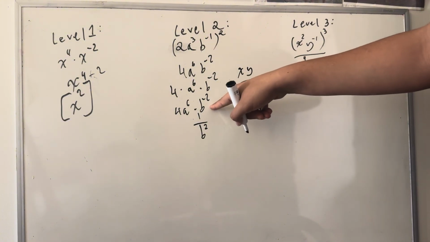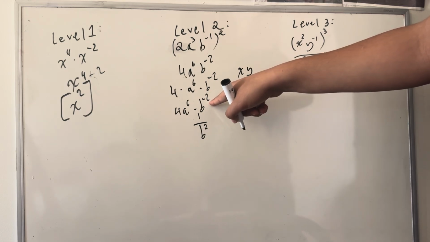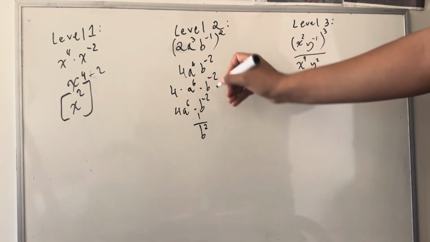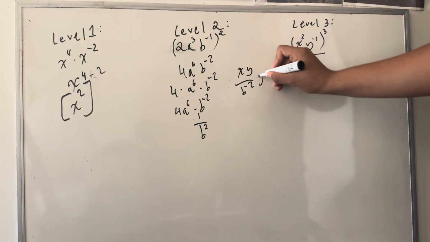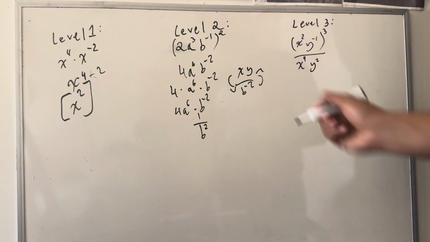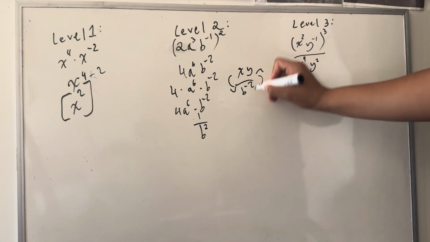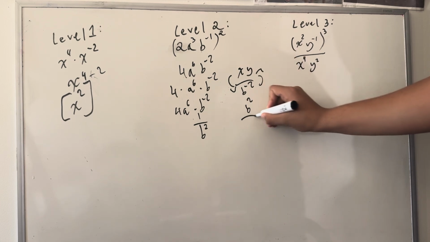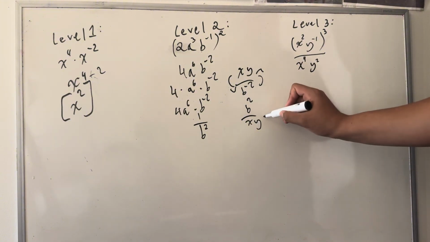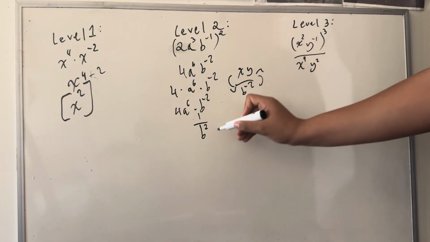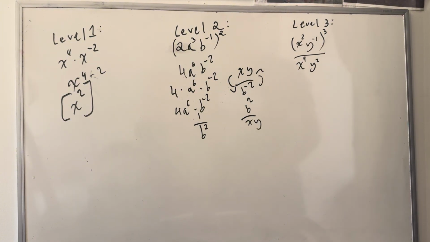Since this is singular, it's just a b to the negative 2, we take the reciprocal and we put it over 1. But over here, since b is a fractional term, it becomes b squared over xy. The reciprocal just flips the fraction or just puts it under 1.